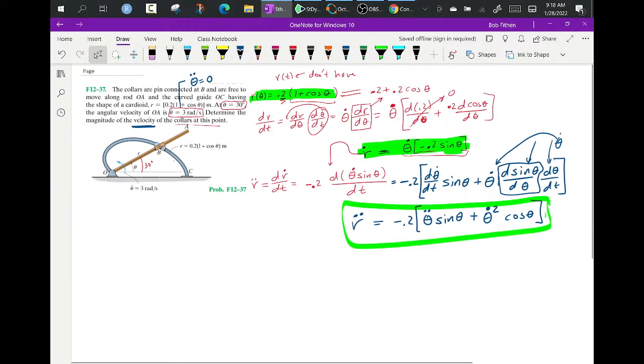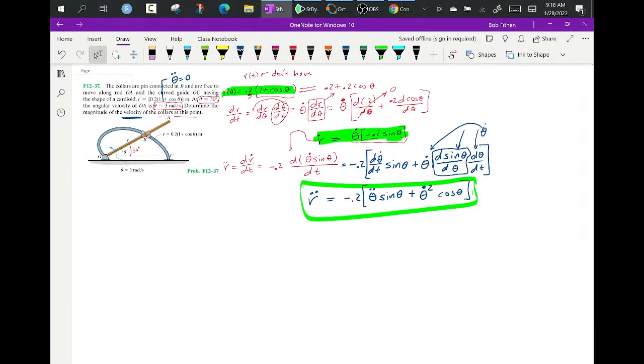Well, the situation is that he is interested at 30 degrees. So what I'm going to do is list everything at 30 degrees: theta, theta dot, theta double dot. There's only 6 things that you need to know, but you need to know them at 30 degrees.